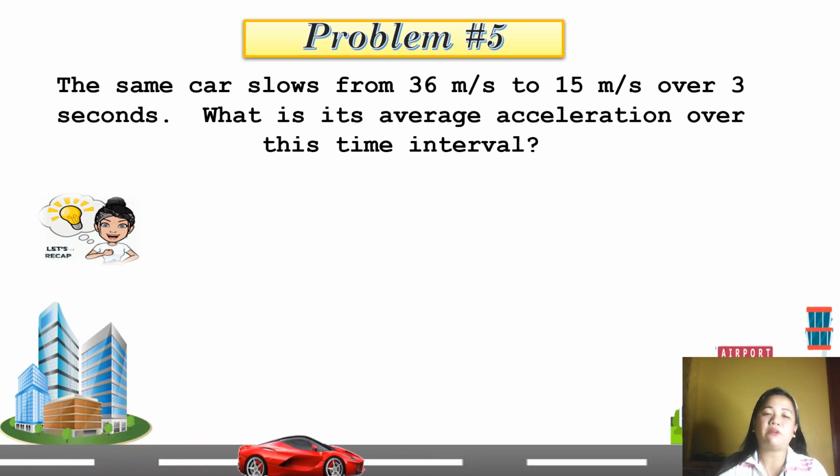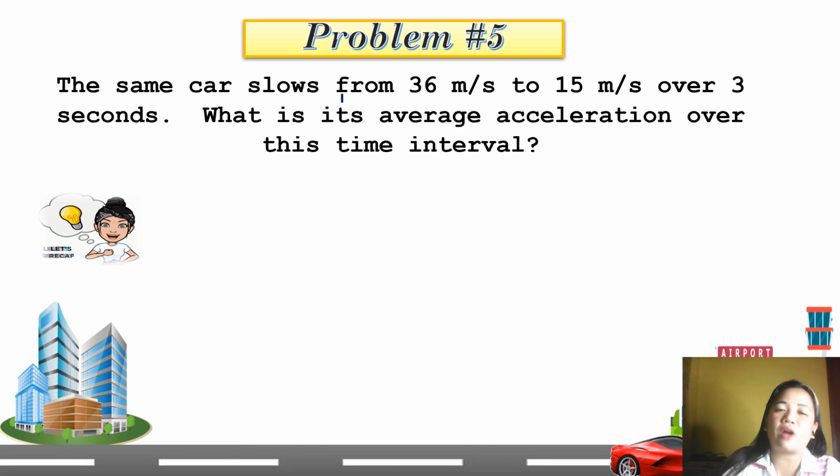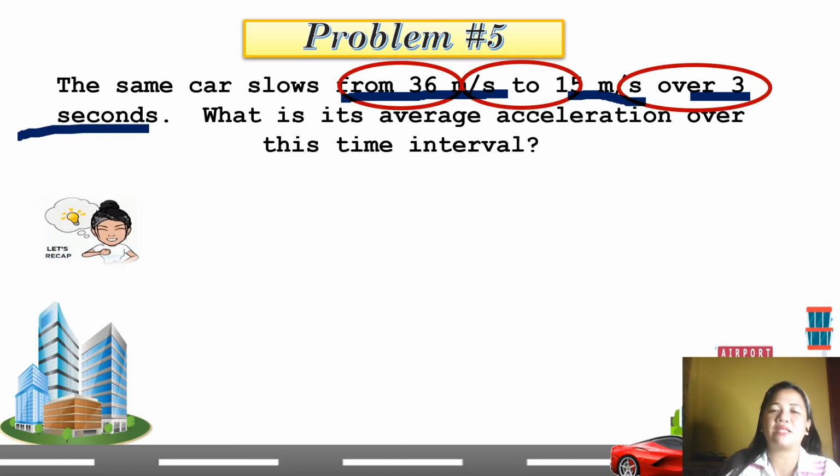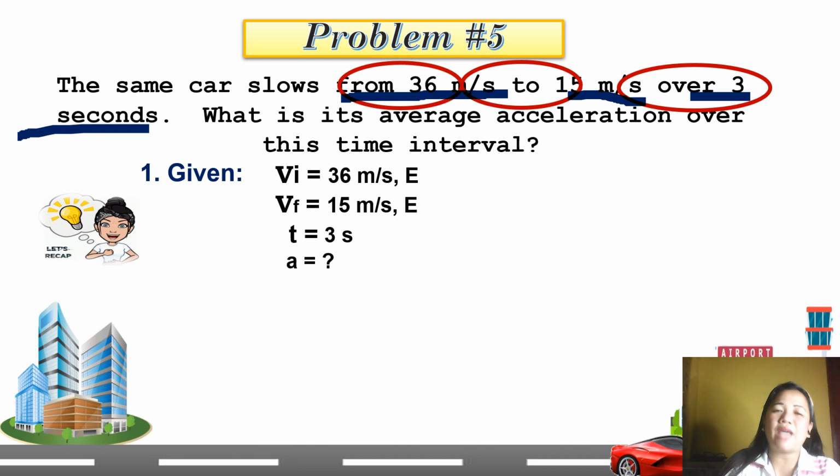So, for problem number 5, same thing. The car slows from 36 meter per second to 15 meter per second over 3 seconds, which is our time. Okay, what is the average acceleration? Our VI, which is where we start, will be 36 meter per second. Your VF is 15.